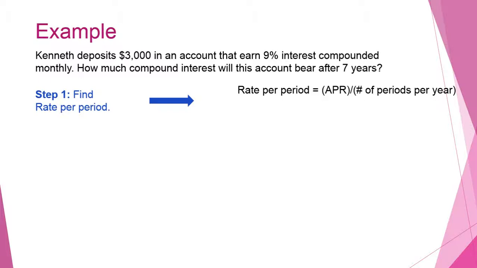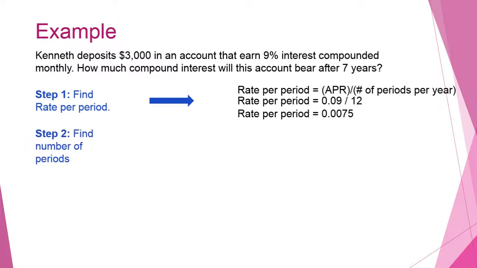Because it is compounded monthly, that means it should be compounded 12 times in 1 year. So we get the APR, which is 9% or 0.09, divided by 12, giving us 0.0075.